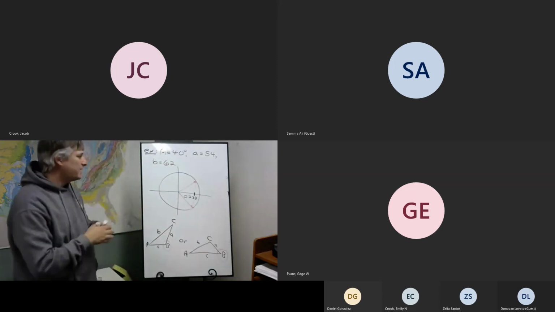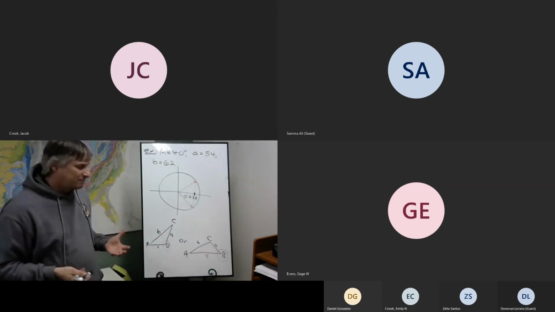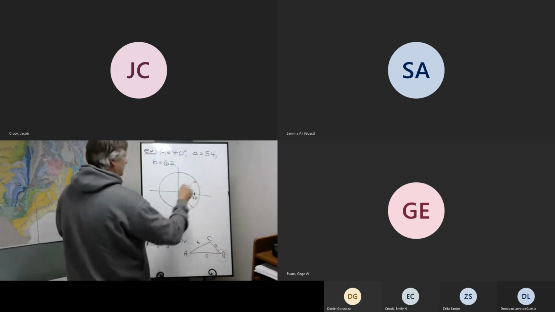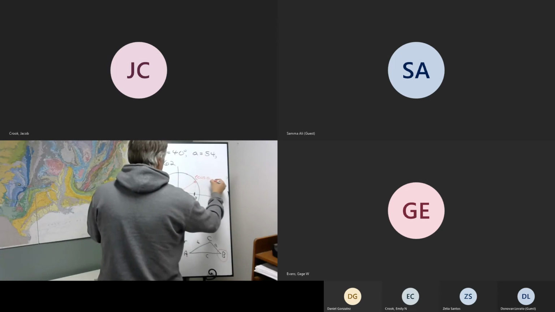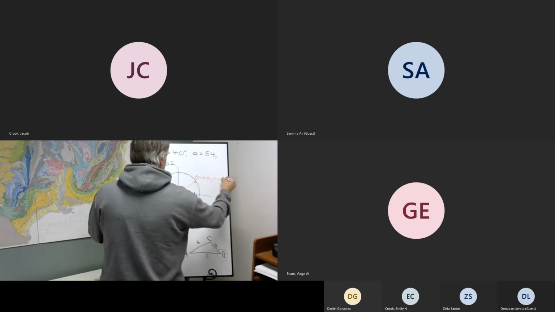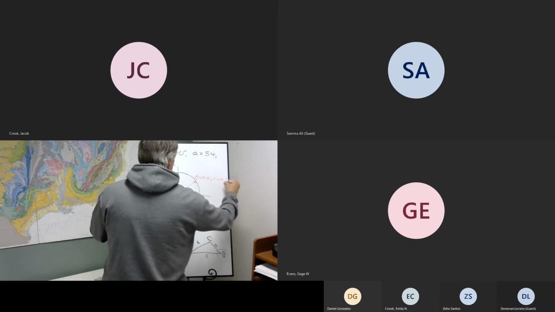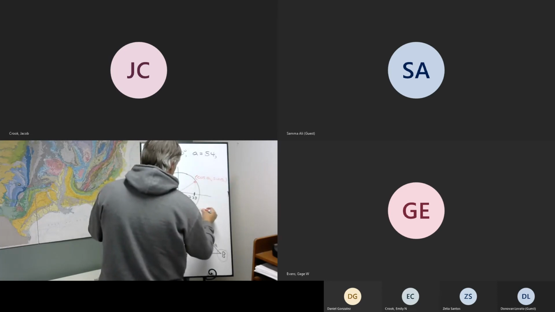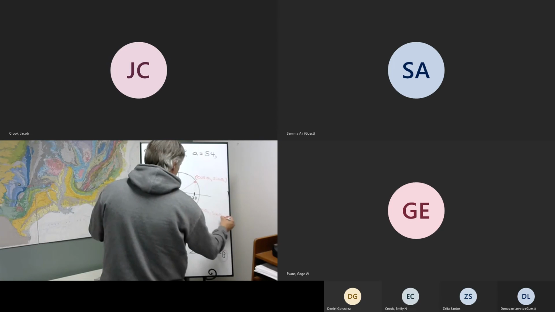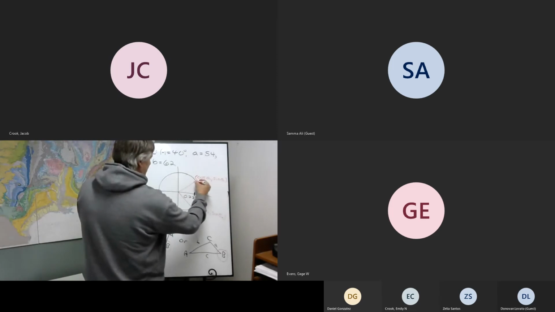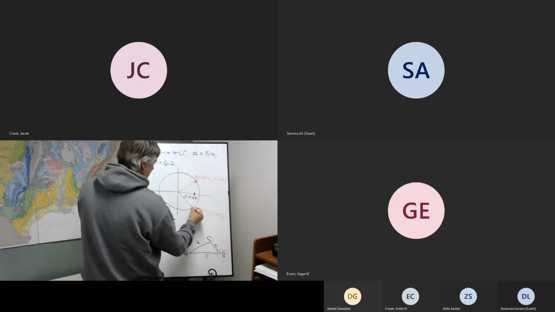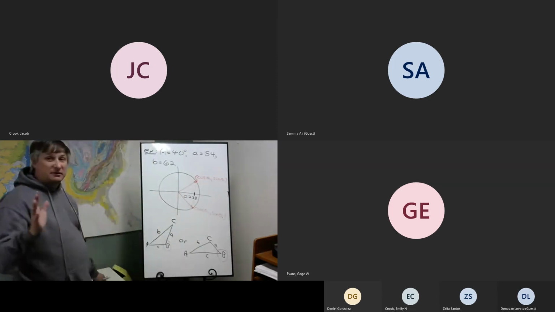Now, both of these angles, remember sine and cosine. This will be cosine theta 1, sine theta 1, and this will be cosine theta 2, sine theta 2. Oh, I'm sorry, we're dealing with sine. Sorry, sine.